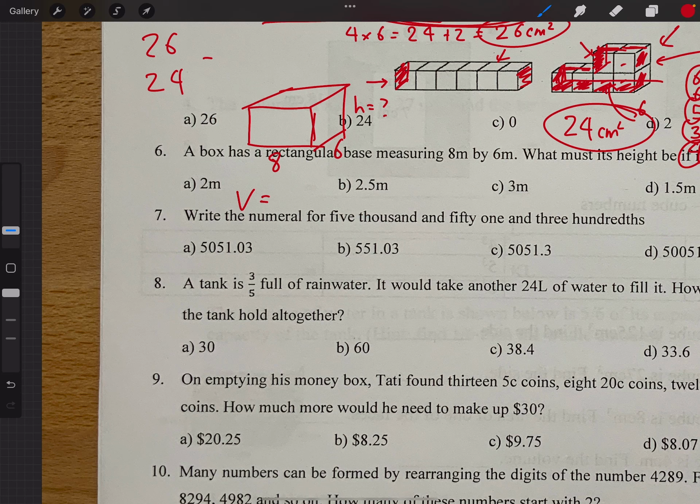From 1/5 to 5/5, we times it by 5. So we times 12 by 5 and we get 60 liters. So the tank can hold a total of 60 liters. That's how you work it out. Alright, I need to rub this stuff out. Hope you don't mind. Need some working out space.